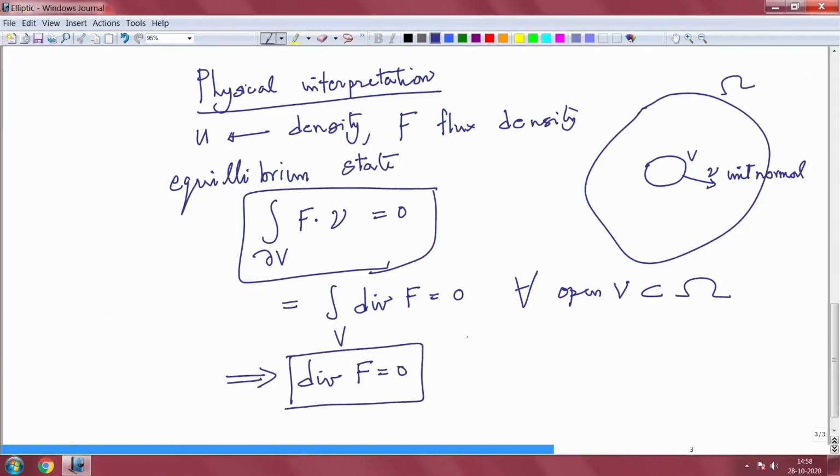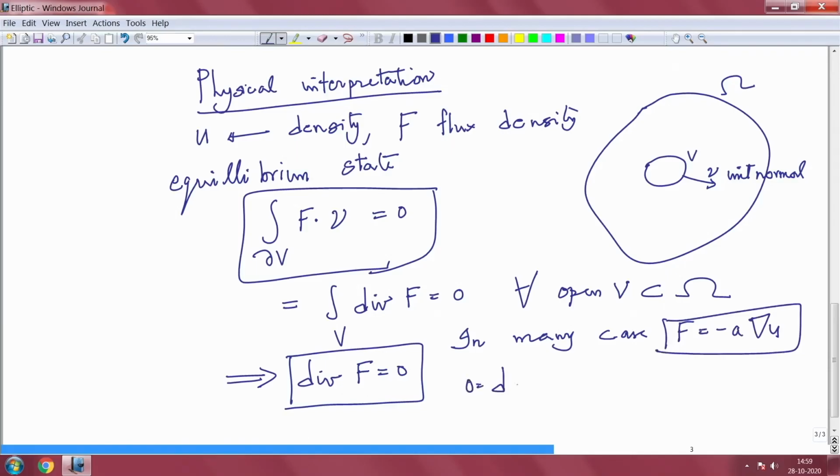But in many cases F will be proportional to the gradient, will be something like A grad U. If that is the case, you get divergence of F, which is nothing but a Laplacian of U. That implies Laplacian of U equal to 0.